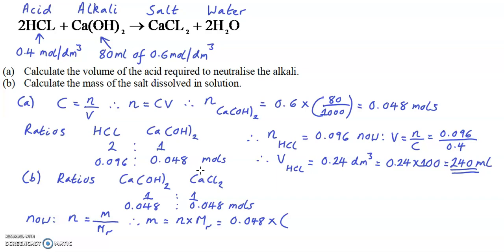So the atomic mass of calcium is 40, then we've got 2 chlorine atoms, so we've got 2 times. Atomic mass of a chlorine atom is 35.5. So this gives a mass in grams of 5.328 grams. And this is the answer to part B.